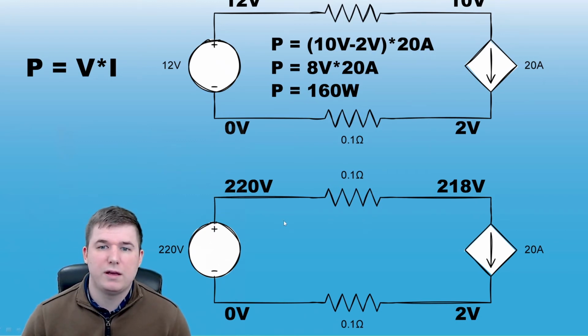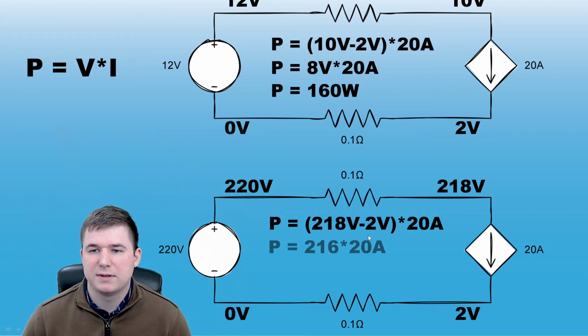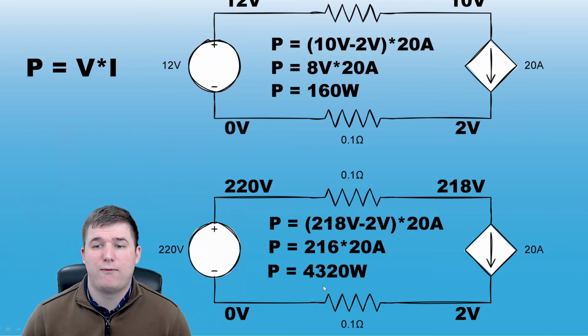Now let's go to the 220 volt circuit, where the power being dissipated through this load is 218 volts minus 2 volts multiplied by 20 amps. This is 216 volts times 20 amps, which is 4,320 watts. That's a lot of power.